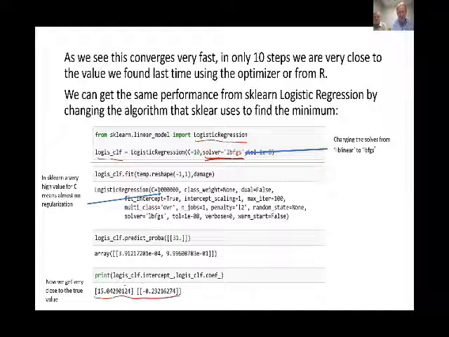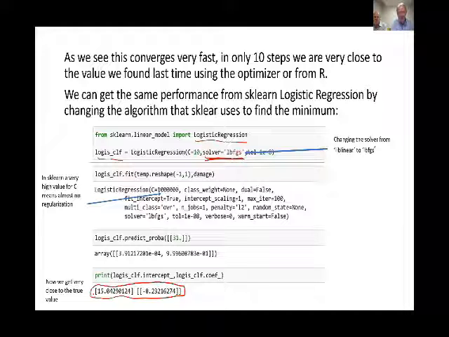So if you're having a problem with getting your logistic regression from sklearn to converge, you can try to use another solver. There's also a Newton one. I think in the code I posted it's Newton-CG or something.